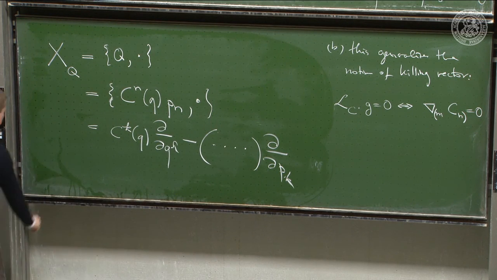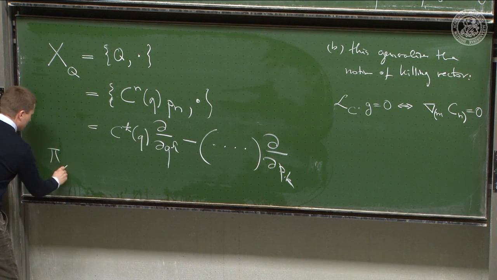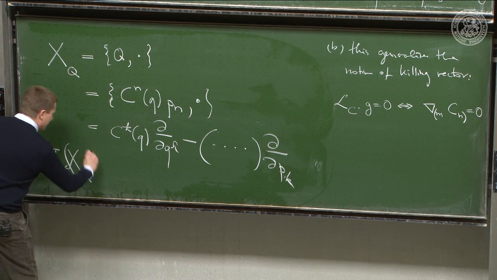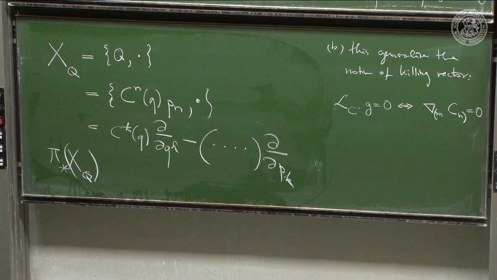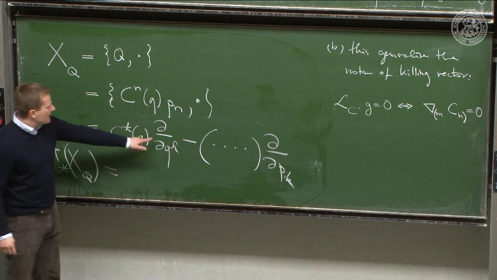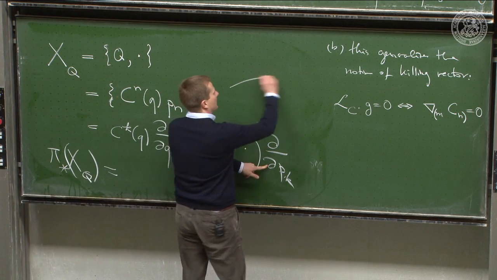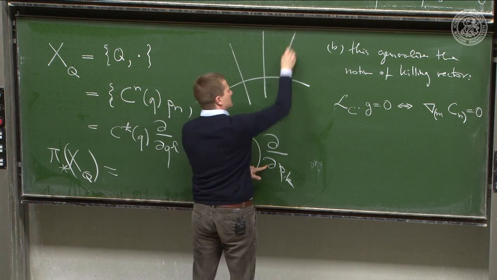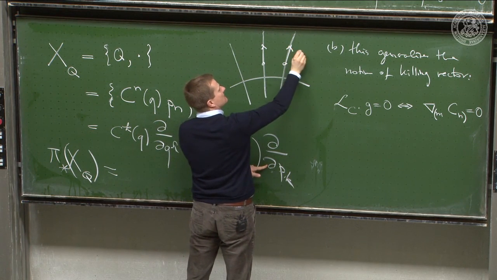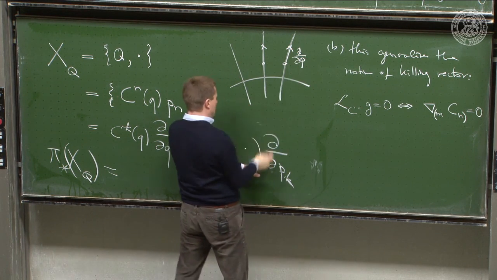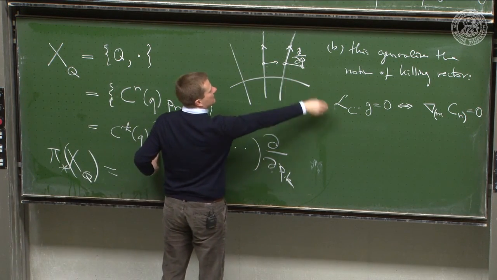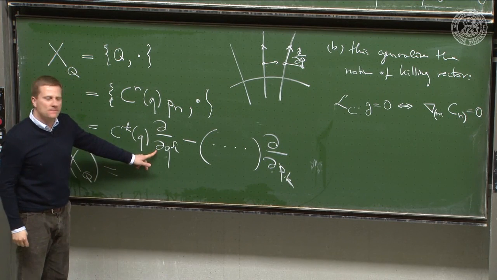But now we want to check whether the push forward of this xq exists in the first place. Well, in order for it to exist, what's the push forward? Well, these tangent vectors, if you have the bundle and these are the fibers, these tangent vectors are always in the direction of the fibers. These are the d by dp's. And these tangent vectors, d by dq's, they're always in the direction of the base manifold.